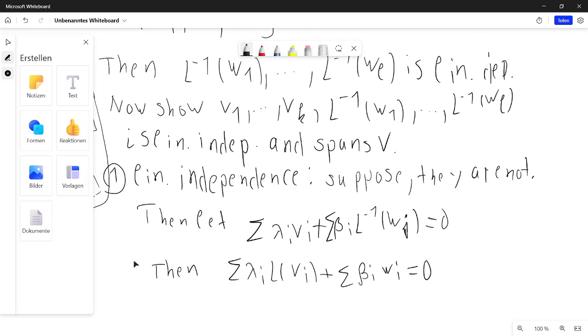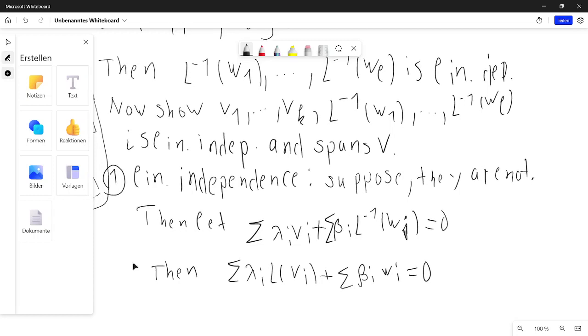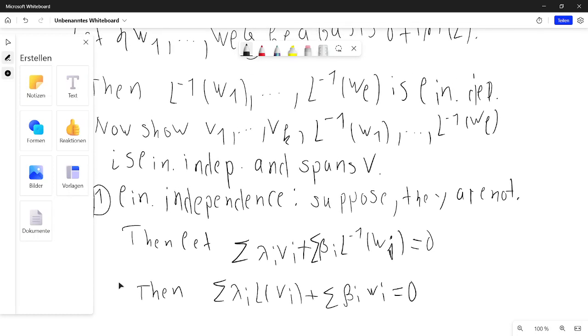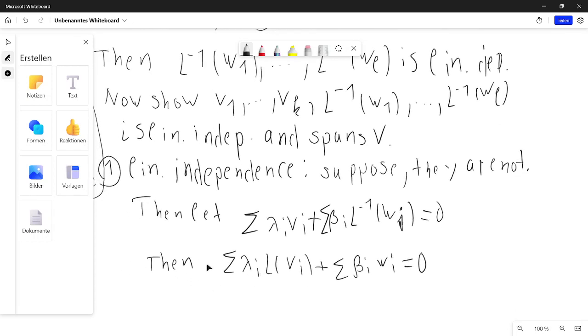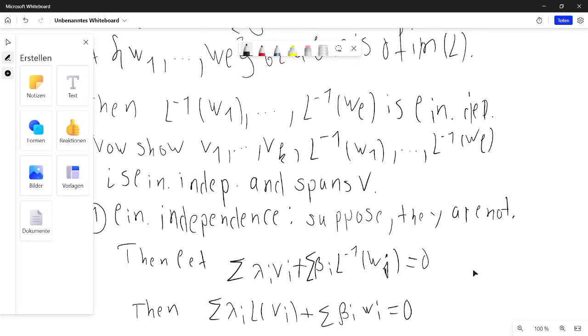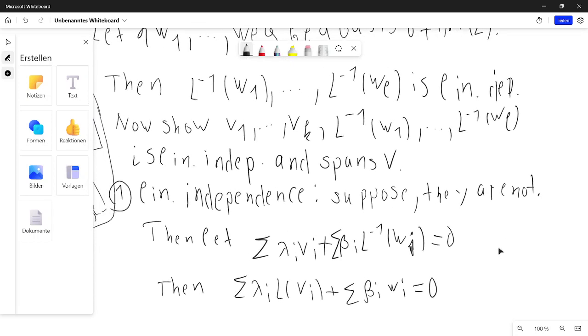So this really doesn't seem to work. Oh, interesting. Because if we take this equal to 0, then this is not necessarily linearly independent, right? So we can't just do that, because seemingly nothing prevents us from having this.